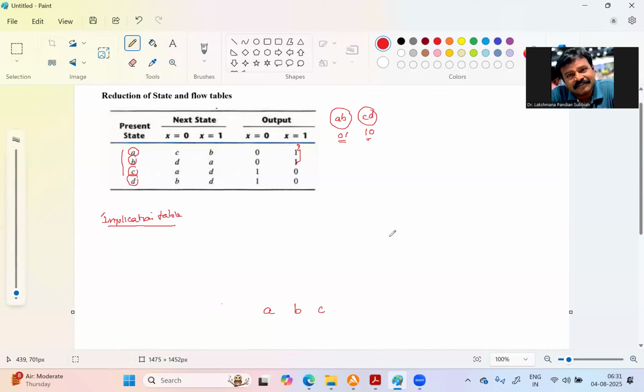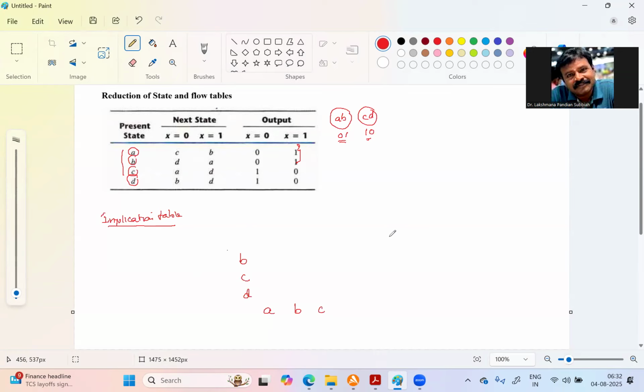Then from bottom to top, you start from the last one, D, then the previous one C, the previous one B, and the first one you remove.